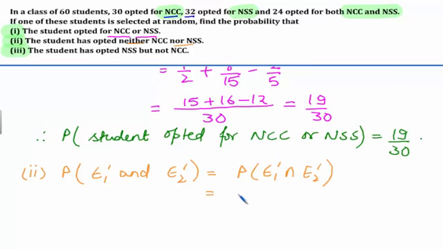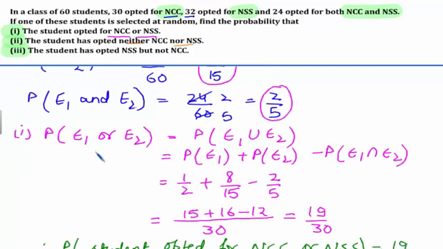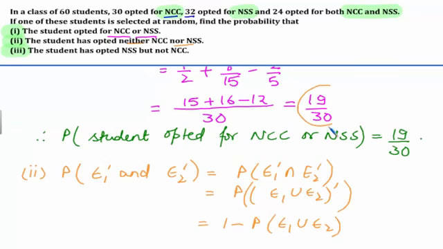So this is equal to probability of (E1 union E2) complement, and this is equal to 1 minus probability of E1 union E2, and probability of E1 union E2, just now we have found out, is 19 upon 30.